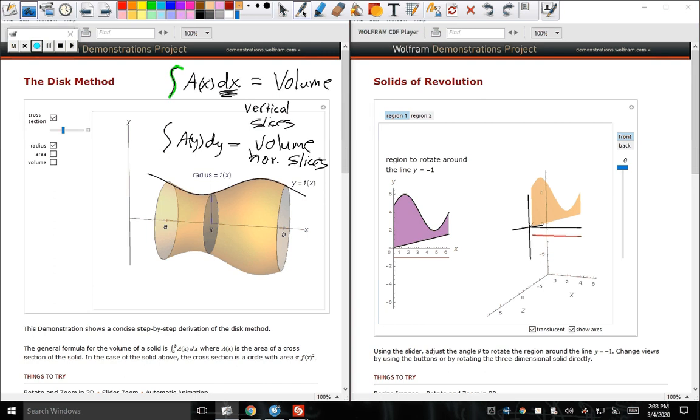So let's say that I had a picture that looked like this, and the shaded region was here, and I asked you to take a horizontal slice. It would be this right here. Okay?